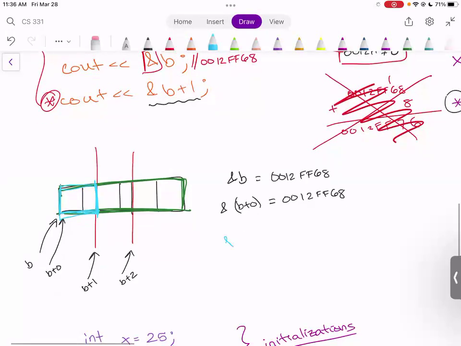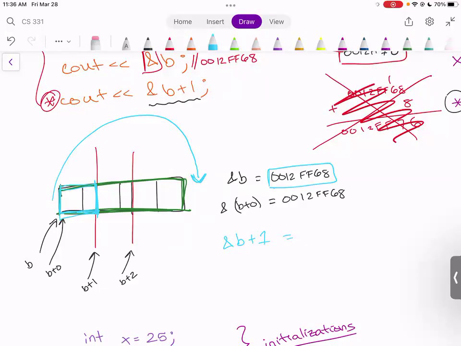Now, if I say ampersand B plus 1, what I'm doing is taking the address of B and finding the next available space, meaning I'm skipping over the entire length and going straight after it, as if I want to place another array of any size that I want.